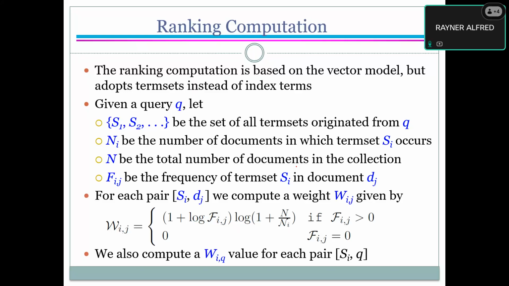The formula will be the same. This one refers to the number of times the term set exists in document J, and this refers to the number of documents that consist of that particular term set. So we use the same formula here.